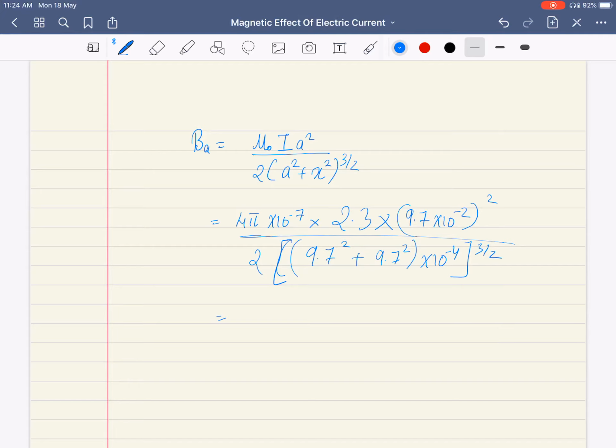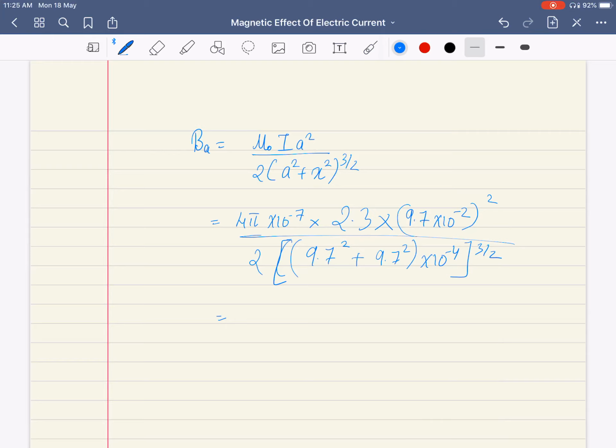And then when you solve these values, let me check the values, 4 into 3.14 into 2.3 into 9.7 the whole square divided by 2 into 9.7 the whole cube. ये सॉल्व करने के बाद आपको वैल्यू चेक करना कितना आएगा.